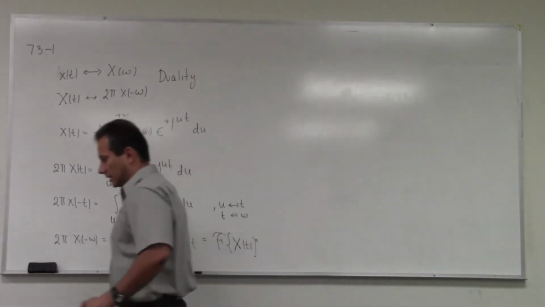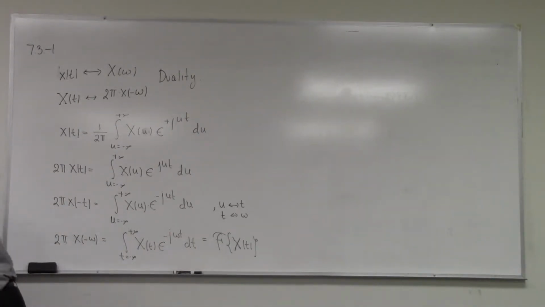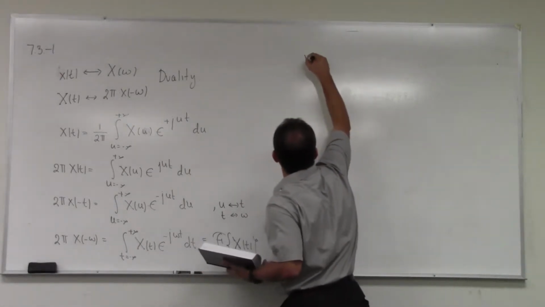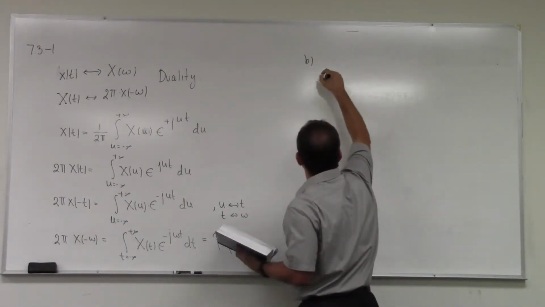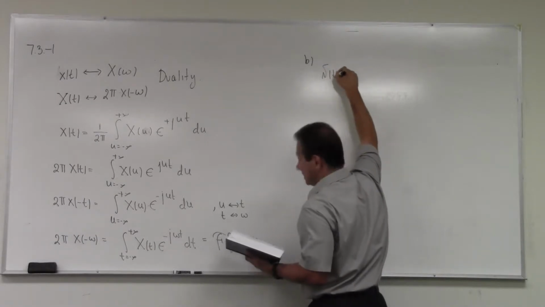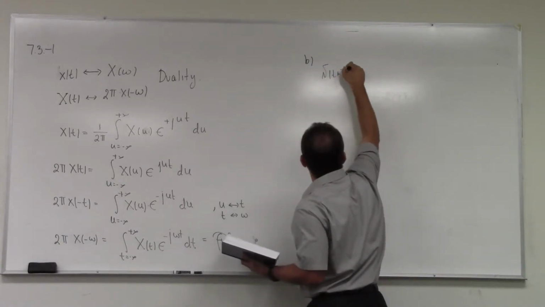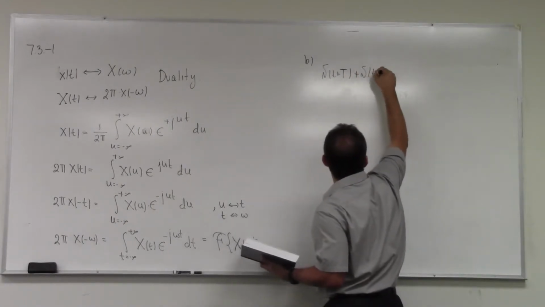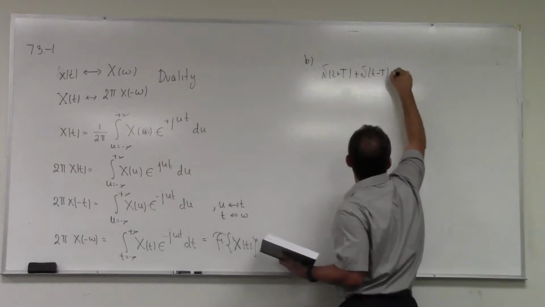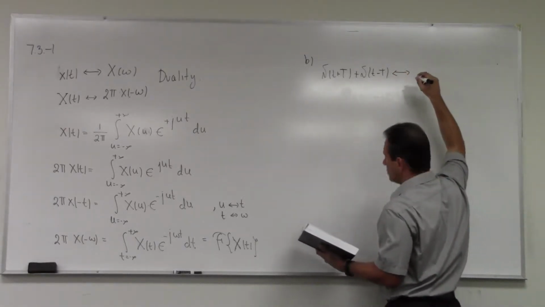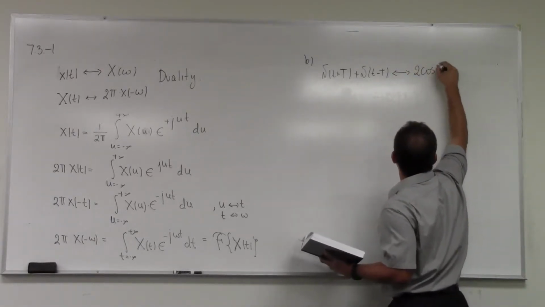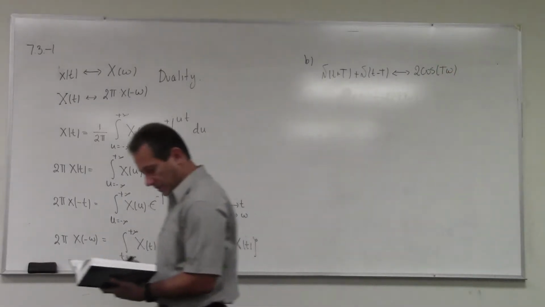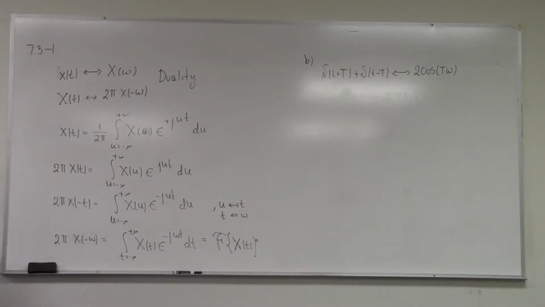Duality. Let's look at an example here. How would one use that? Let's look at problem number B. It says delta of t plus capital T plus delta of t minus capital T has a Fourier transform 2 cosine T omega. So that's what is given, and we need to show that.